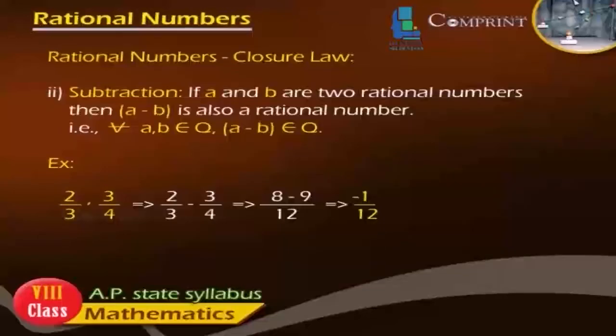Rational numbers closure law. Subtraction. If a and b are two rational numbers, then a minus b is also a rational number.